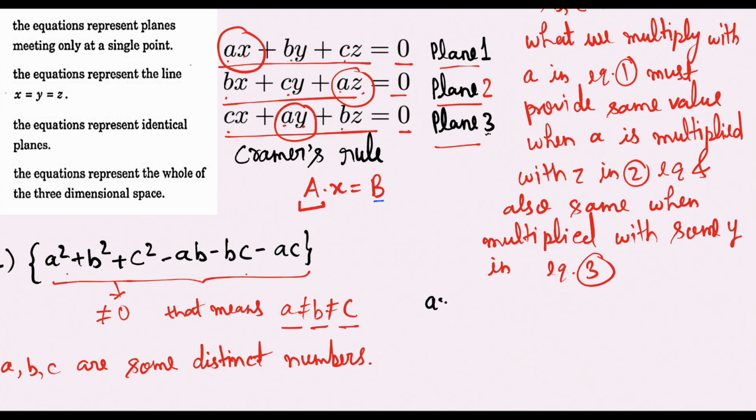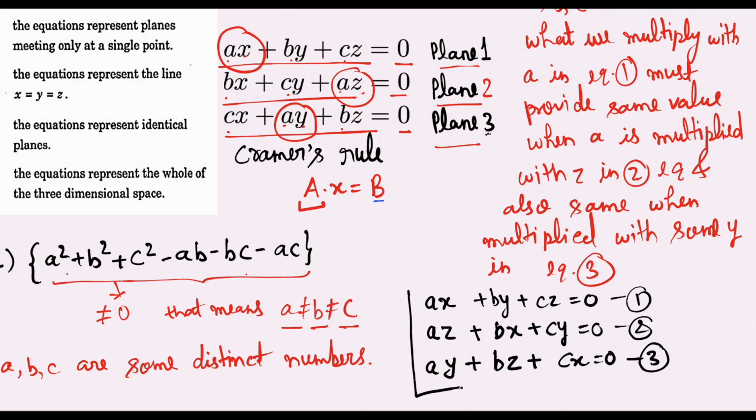For getting a clearer understanding, here I have rewritten the planes' equations, and the coefficients are in the same order, like a in the first position, b in the second position and c in the third position.